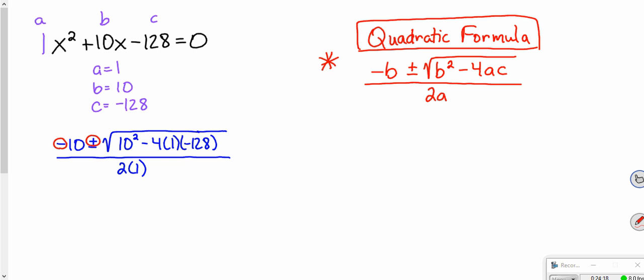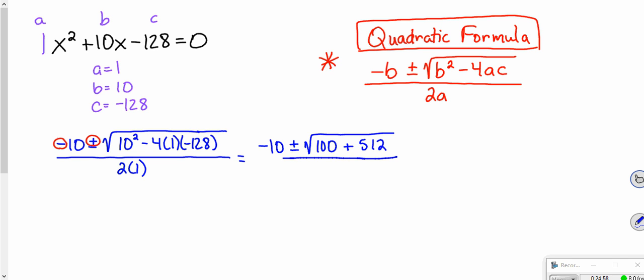Okay, so when you solve a quadratic using the quadratic formula, you get 2 answers. That's why the plus and minus is in there. The first one's plus, the second one's got the minus in the middle. So if we poke this in a calculator, first of all, let me go a couple of steps here. So this is negative 10 plus or minus square root of 100 plus 4 times 128. It's 512.